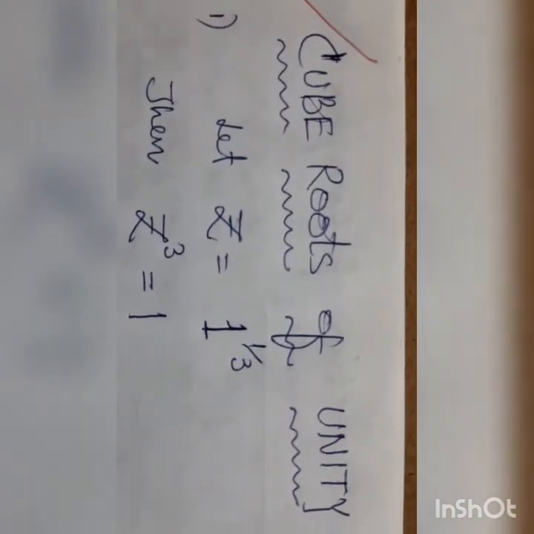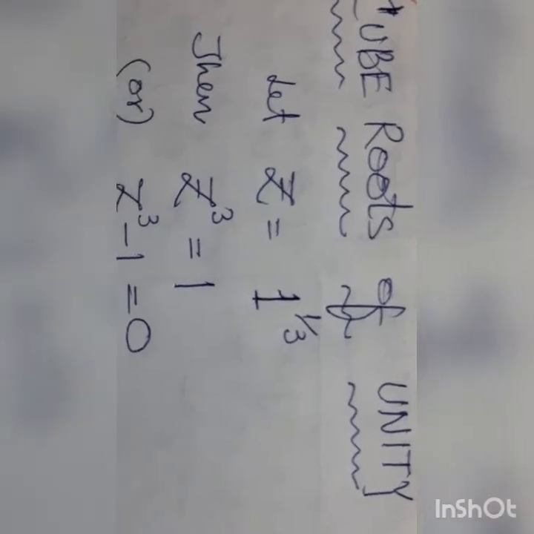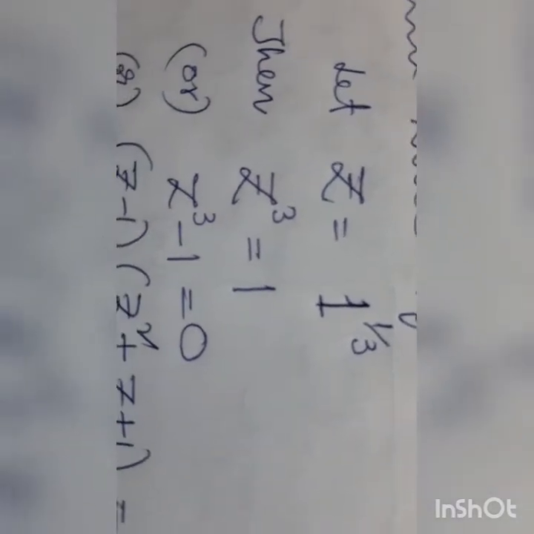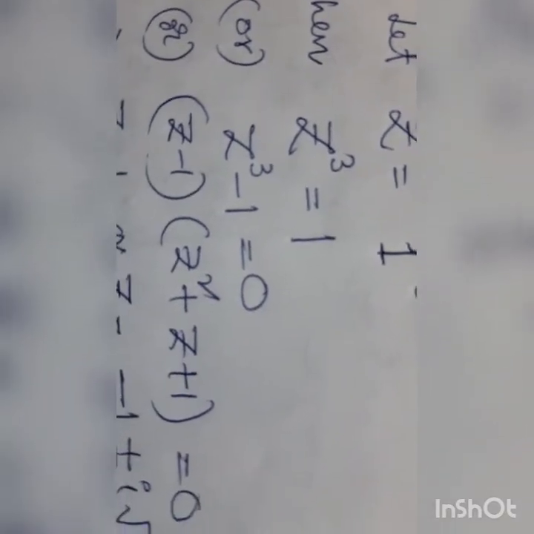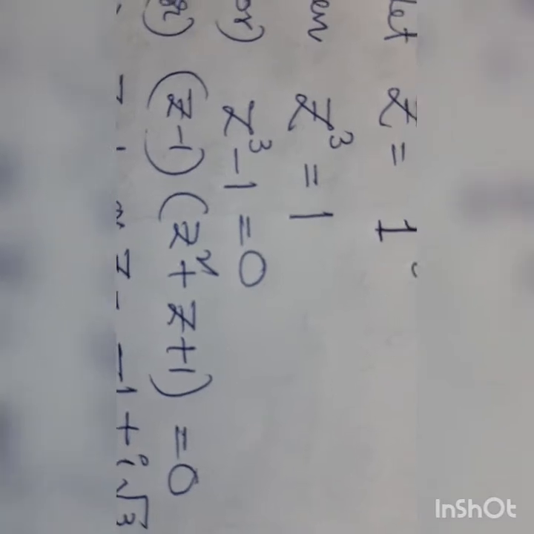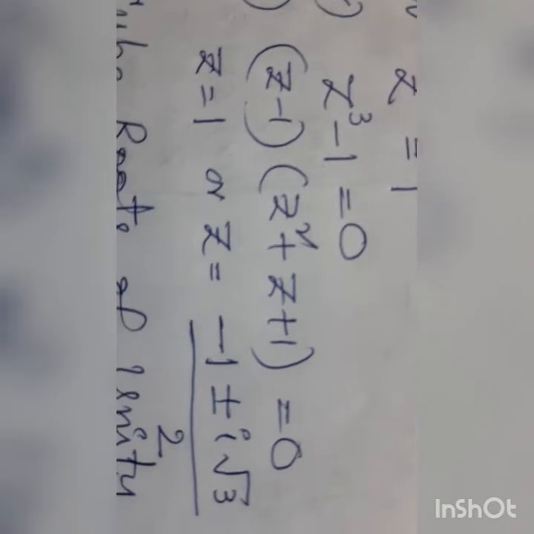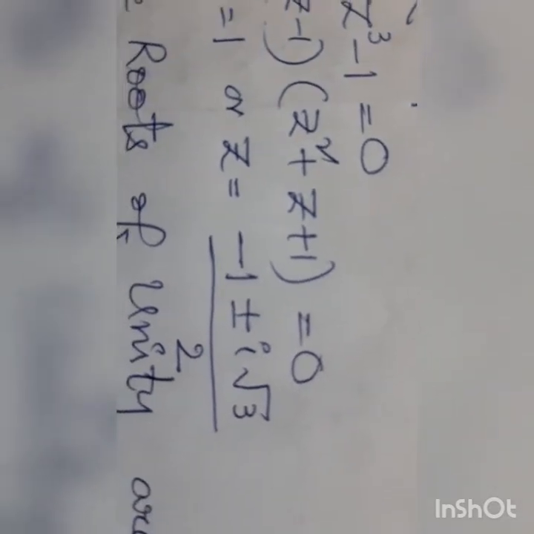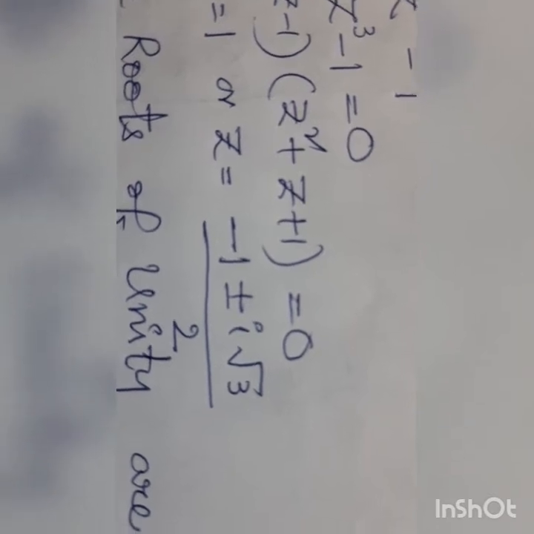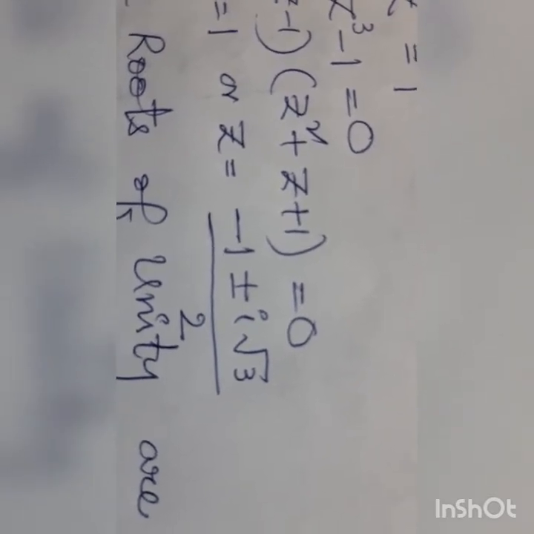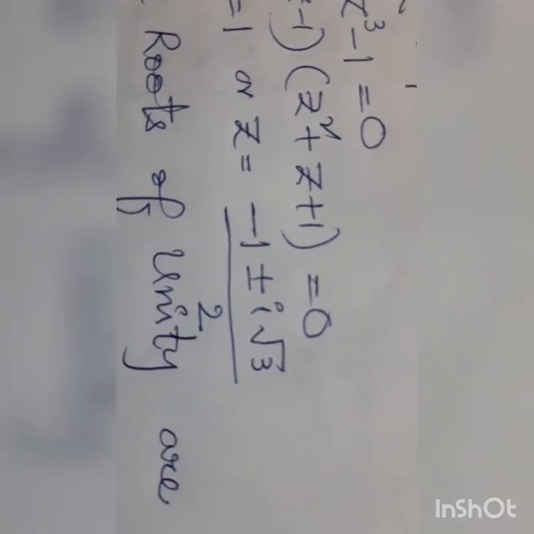Let z equal 1 to the power 1 by 3, then z cube equals 1, or z cube minus 1 equals 0, or (z minus 1)(z square plus z plus 1) equals 0, implies z equals 1 or z equals, by applying minus b plus or minus root over b square minus 4ac by 2a, with that formula we got z equals minus 1 plus or minus i root 3 by 2.